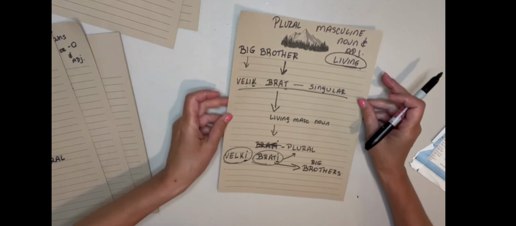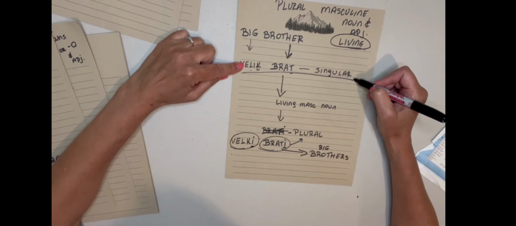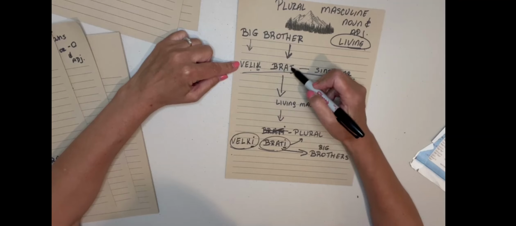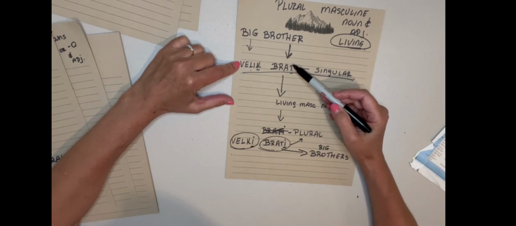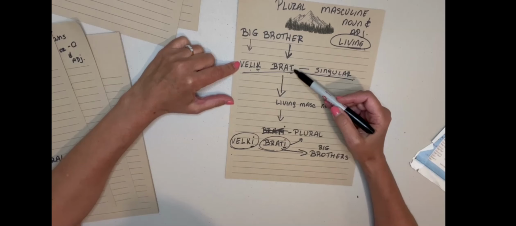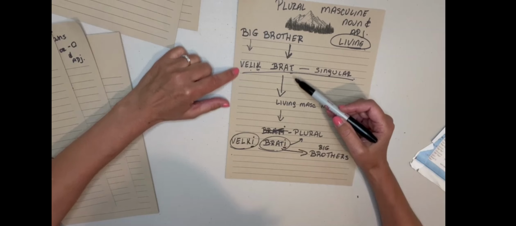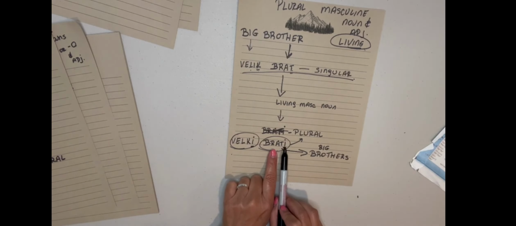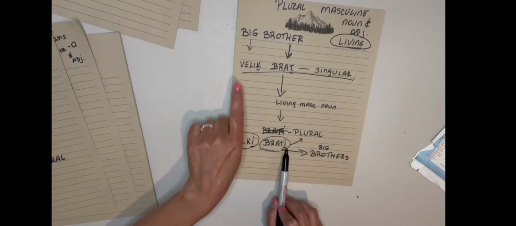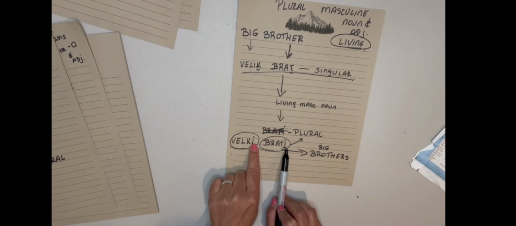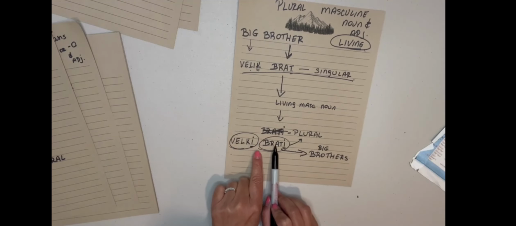And then masculine, remember, we have living and non-living. So if I have living, like brat, I have velik brat, but if I want to make this living masculine noun plural, I will add an I to the end, brati, and my adjective will also be plural, and I add an I, veliki brati.